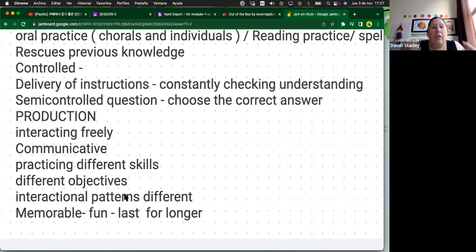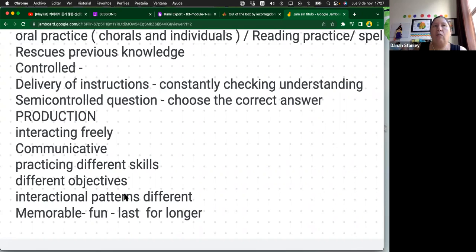And also in the production is when the teacher is going to be observing and making this formative assessment. I have my criteria based on what I'm pursuing in this class, and I'm grading. So I'm not grading, evaluating.